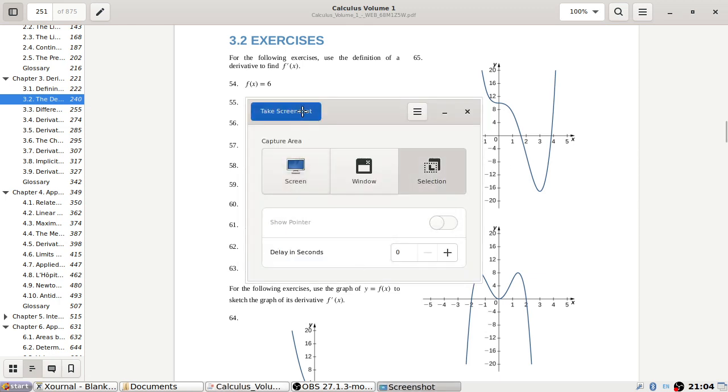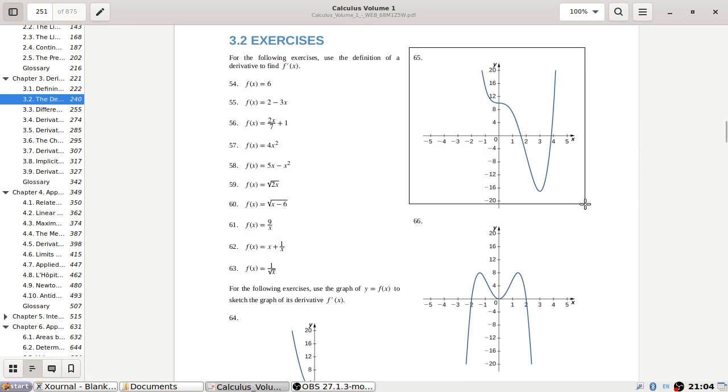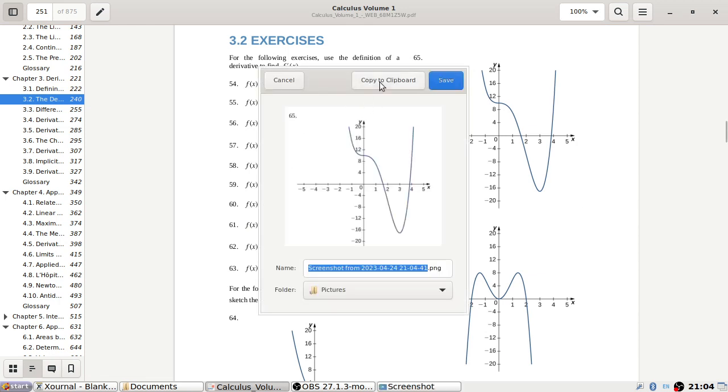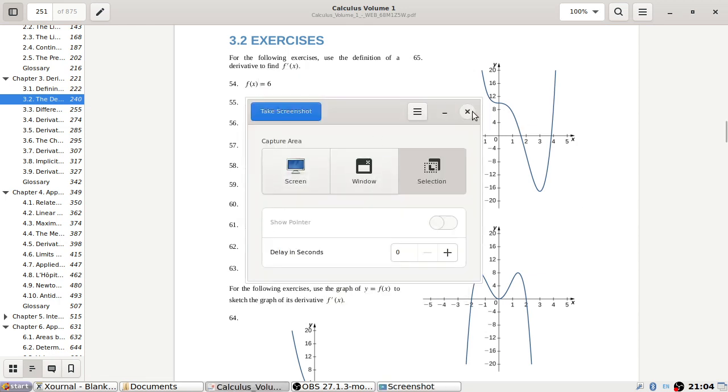Yeah. Okay, now let's have a look at 65. That's a bit tougher of a one. Pop that in.